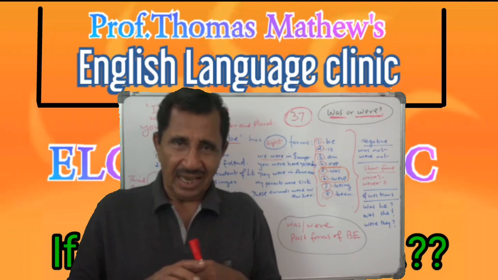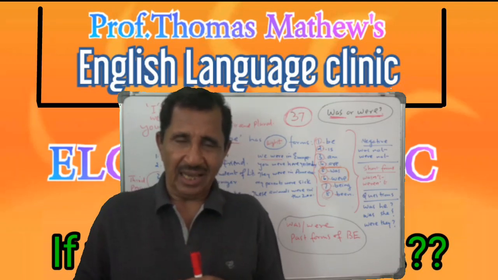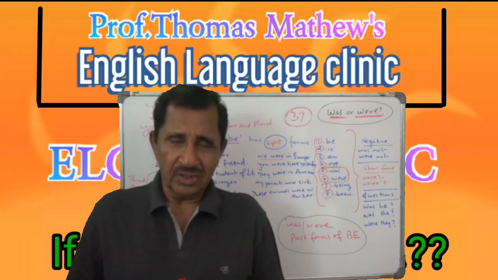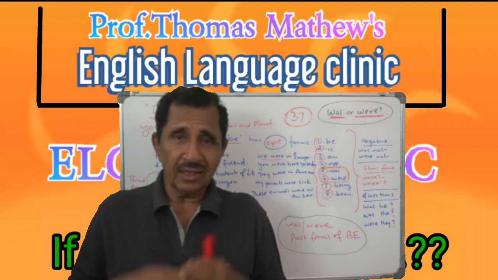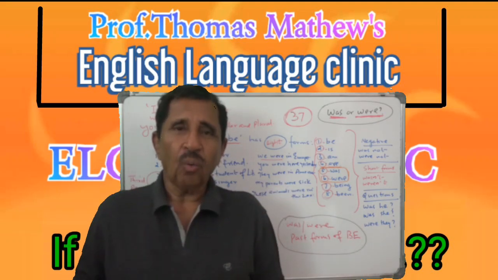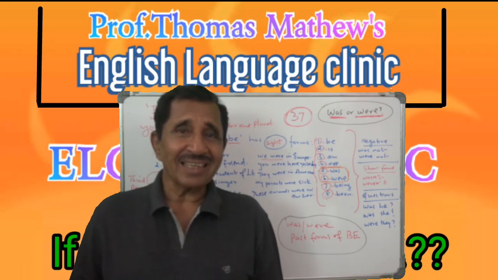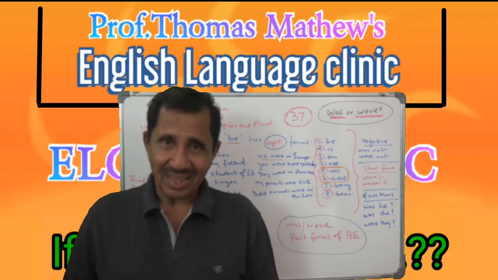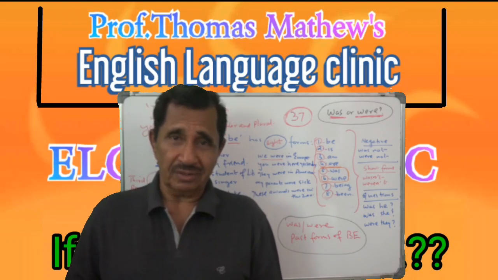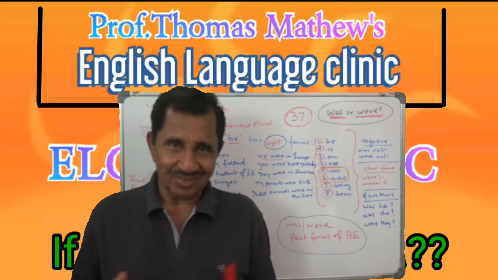Because actually it begins as though you are going to say ooh, and then you make a change. Was, were. Understand? So that's how you should say it. Not flatly, I was a student. I was a student. That's how you should say.